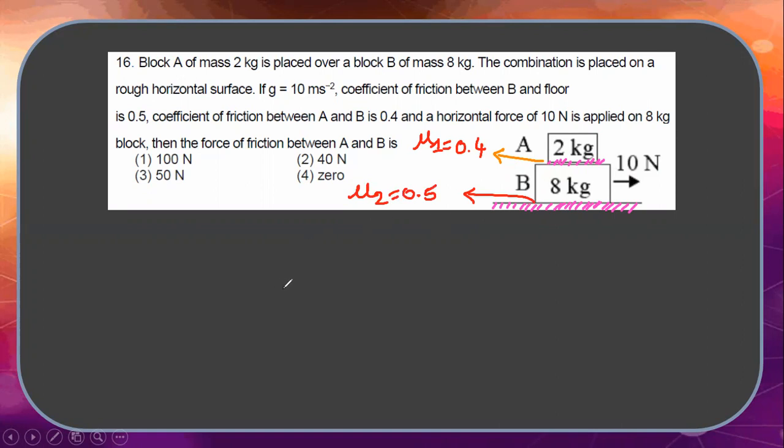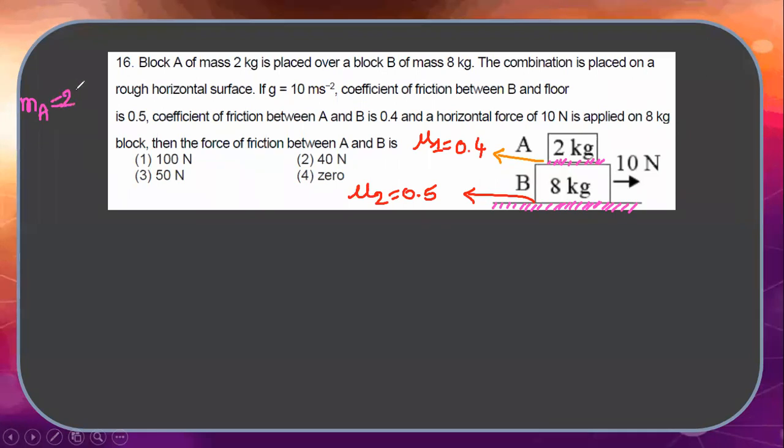The masses are provided. The applied force F is 10 newtons.